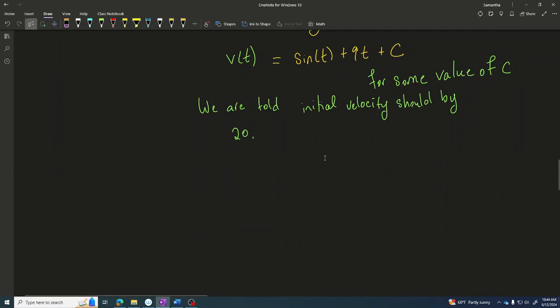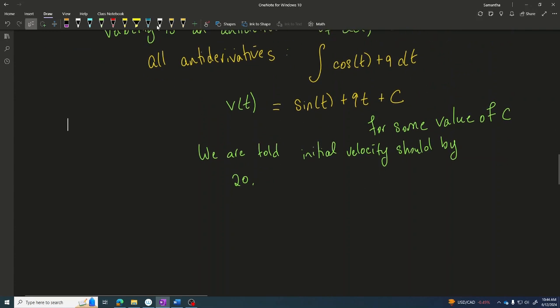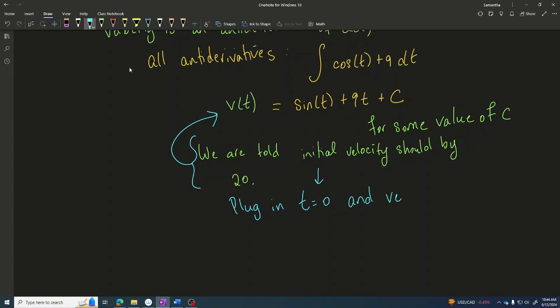So I'm going to basically plug that data into this expression here. I'm going to plug in t equals 0 for initial, and I'm going to plug in velocity 20 based on this data.